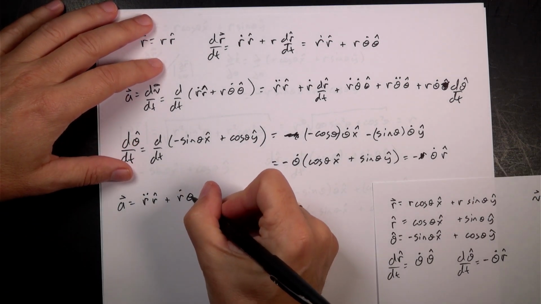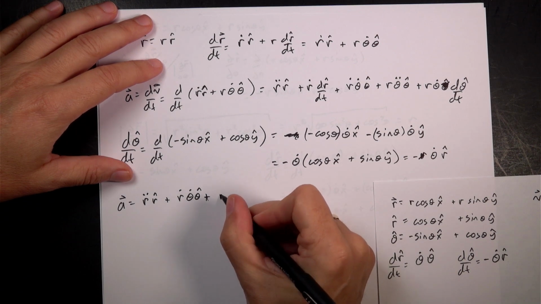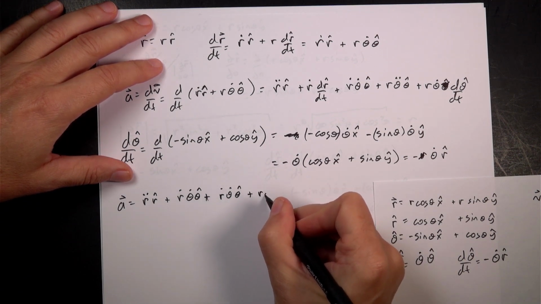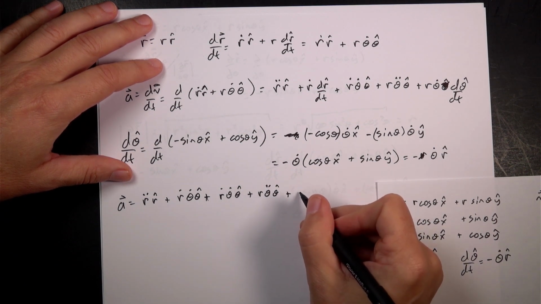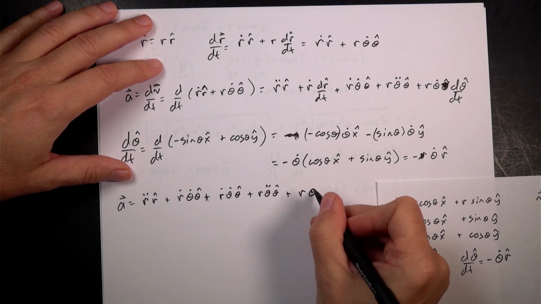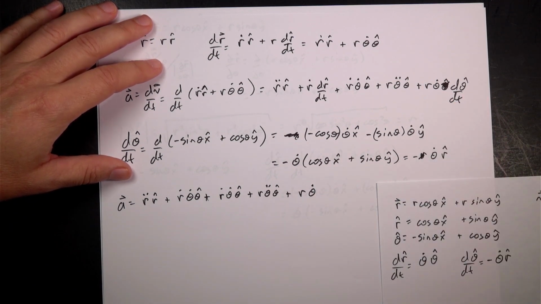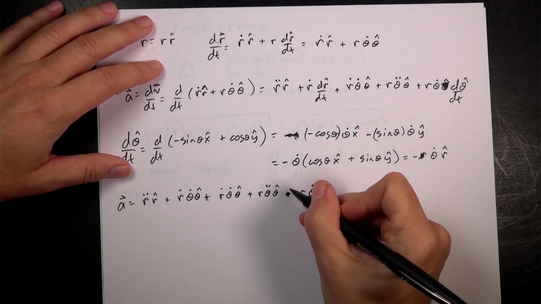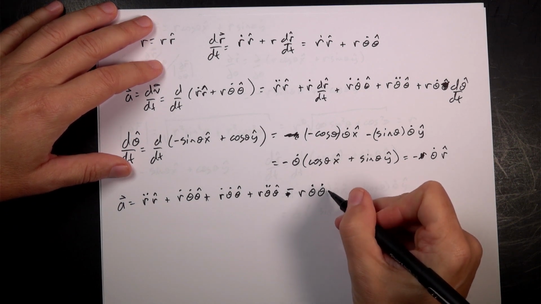So I get r dot theta dot theta hat plus r dot theta dot theta hat plus r theta double dot theta hat plus r theta dot times the derivative of theta hat with respect to t, which is negative theta dot r hat. So I'm going to change this to negative theta dot r hat.